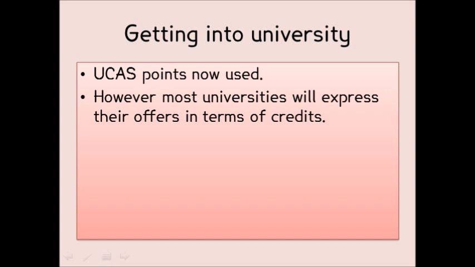So they might say, yes, we'll offer you a place, and we want to see 21 credits at merit, or we want to see 15 credits in science at distinction. So make sure you absolutely understand what they're going to be looking for, so that you don't get to the end of the access course and realise you've shot yourself in the foot by choosing the wrong university.